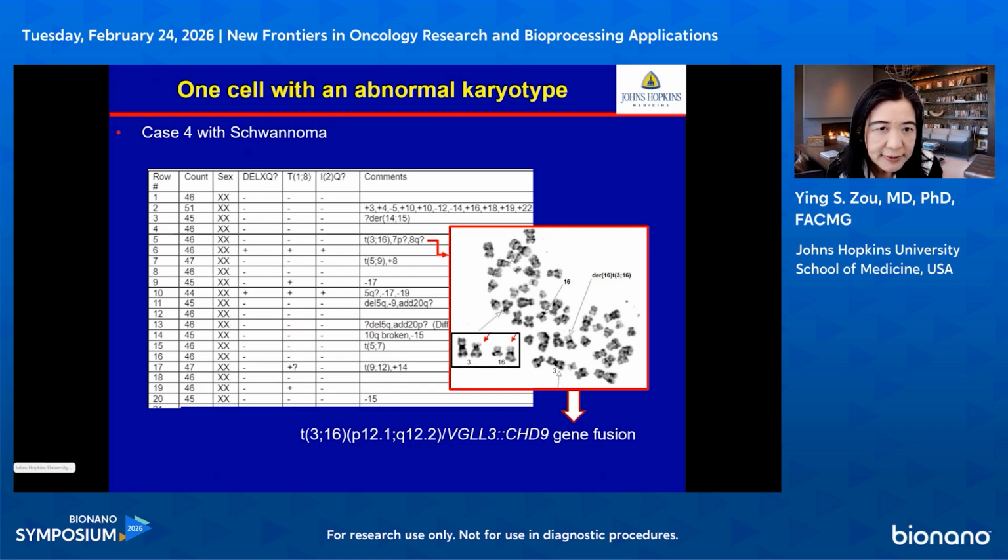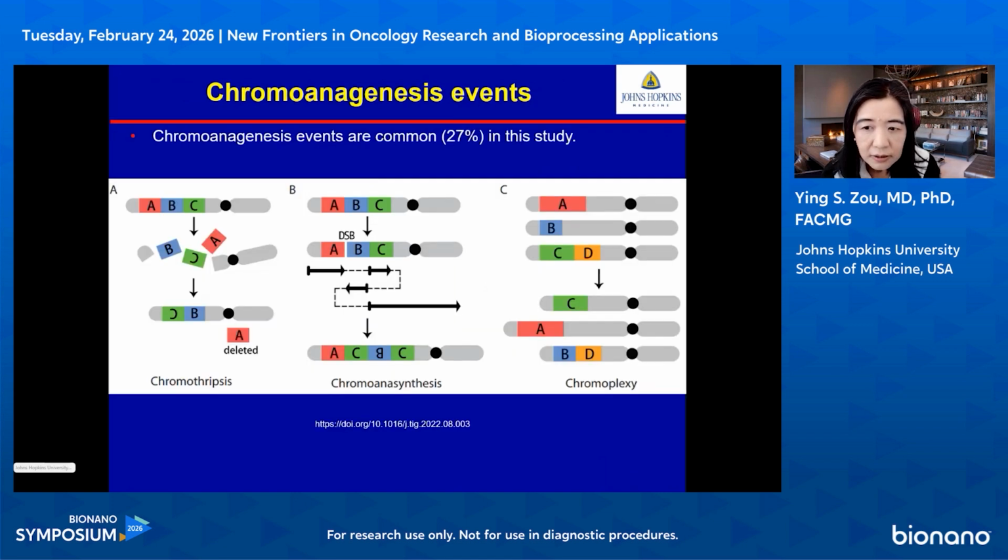Which means that sometimes even when you have an abnormal karyotype result, you could also miss the pathogenic changes. This study also highlights the potential of OGM to detect complex genomic alterations.